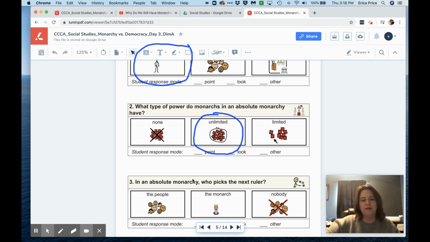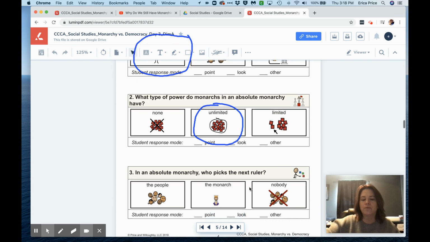Number 3. In an absolute monarchy, who picks the next ruler? The people, the monarch, or nobody? In an absolute monarchy, who picks the next ruler? The people, the monarch, or nobody?